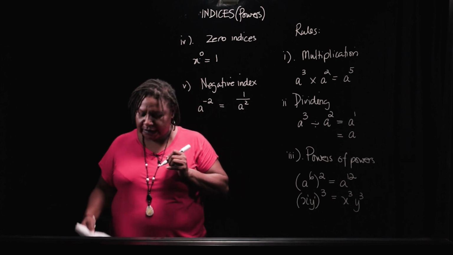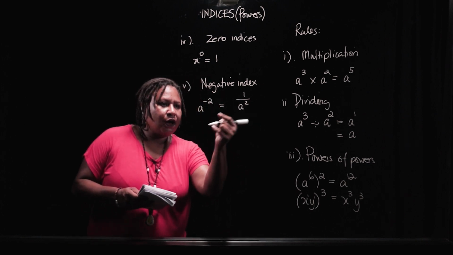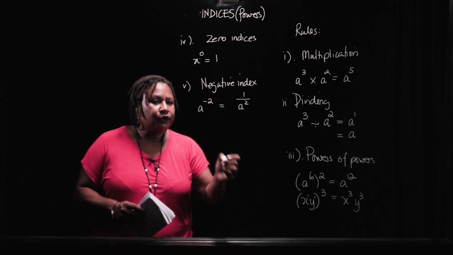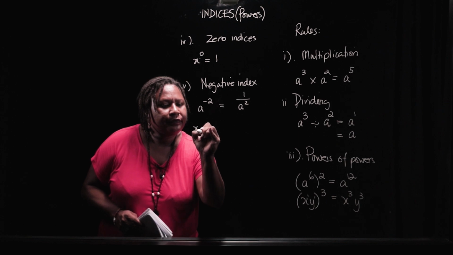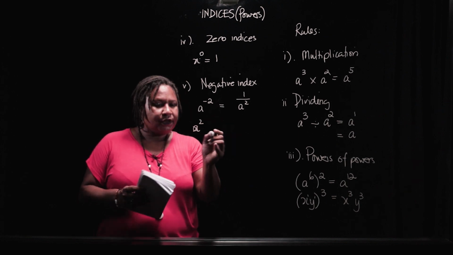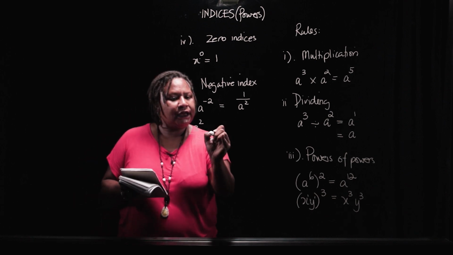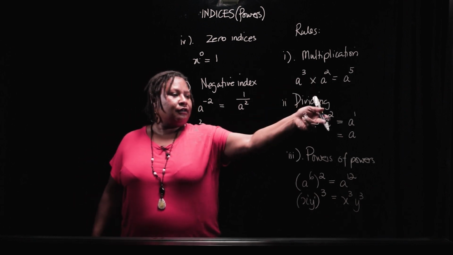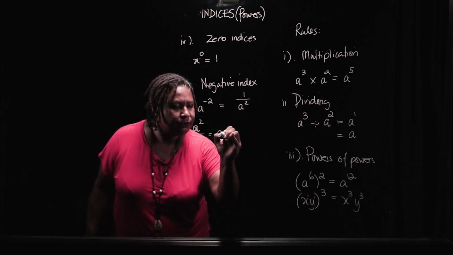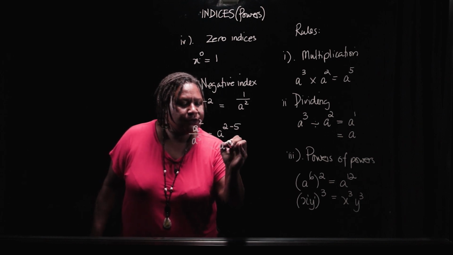Now let's show one example quickly to see how we get 1 over a to the power of 2. If I have the term a squared divided by a to the power of 5, by the rule of dividing, I should be subtracting the powers.